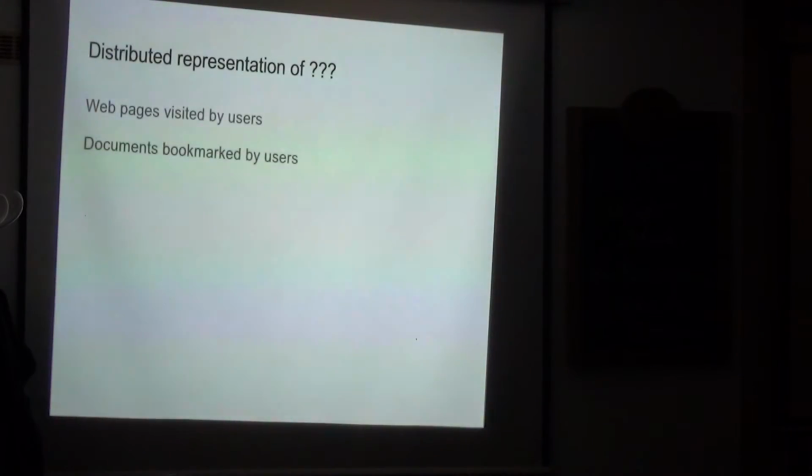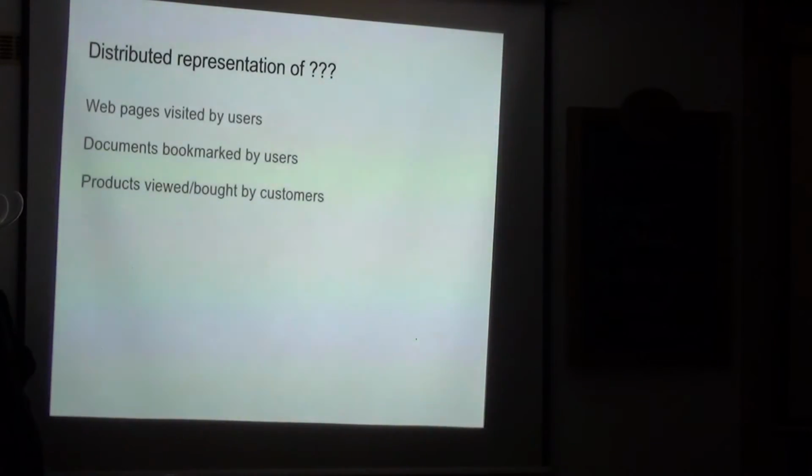Or if we have some documents bookmarked by users, you can again consider documents as words and users bookmarking documents as some sentences. So if multiple documents occur in the bookmark sequence of user, they should be similar. And then we can take products viewed or bought by customers.